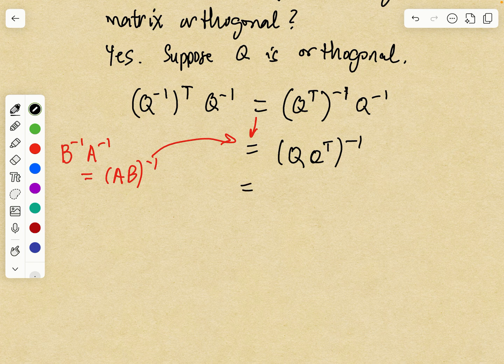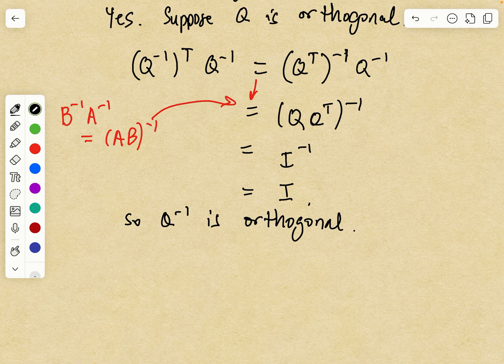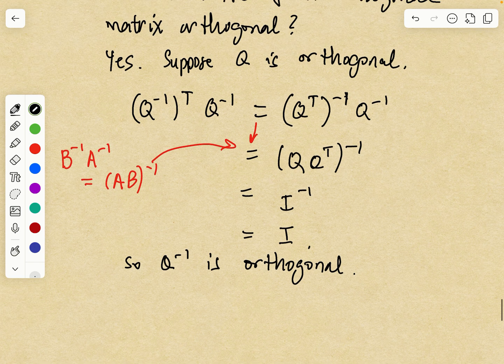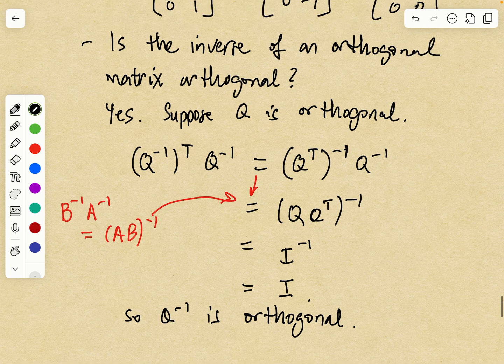And now since Q is orthogonal, Q times Q transpose is the identity matrix, and the inverse of the identity matrix is the identity matrix. So this shows that Q inverse is orthogonal. So the inverse of any orthogonal matrix is also orthogonal. That's what we proved.